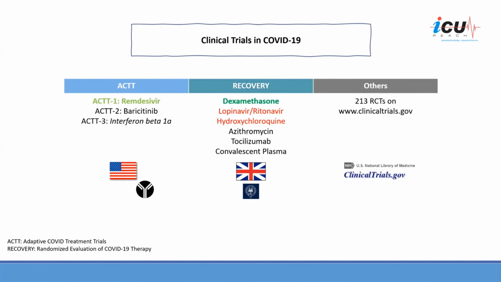Both those trials are adaptive, meaning that one arm is for usual care and the other arm is adapting the new interventions and medications that are proved to benefit our patients. So once we know that an agent is benefiting our patient, that agent will be moved to the usual care.